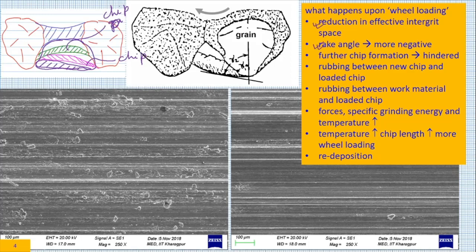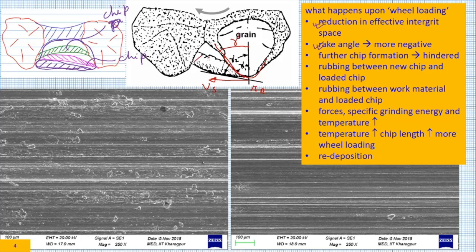Please look at this particular grid. This is the boundary of the grid. This was Vs, this was pi r, this is the rake surface. So this was gamma.